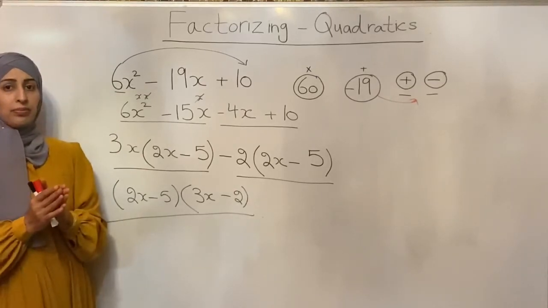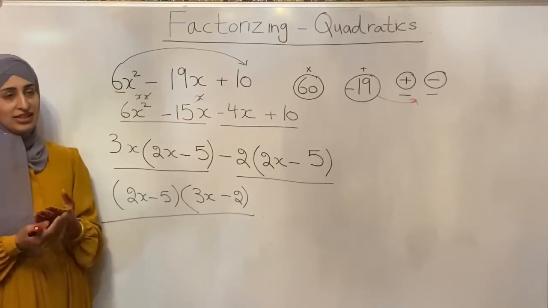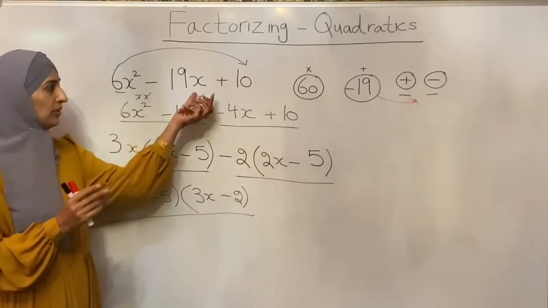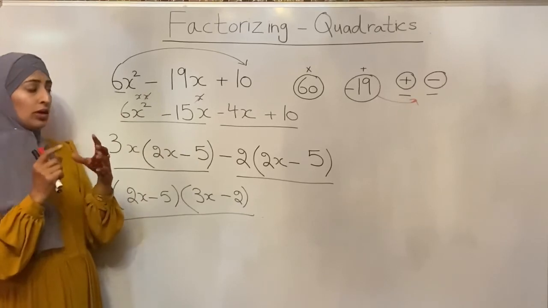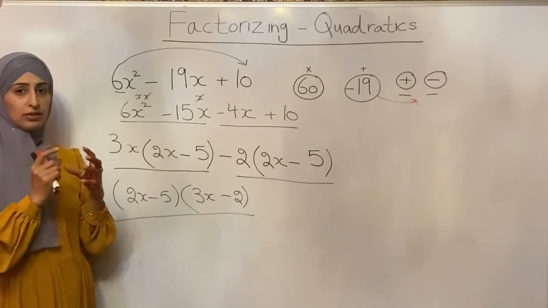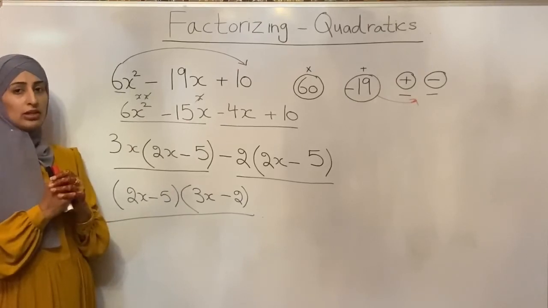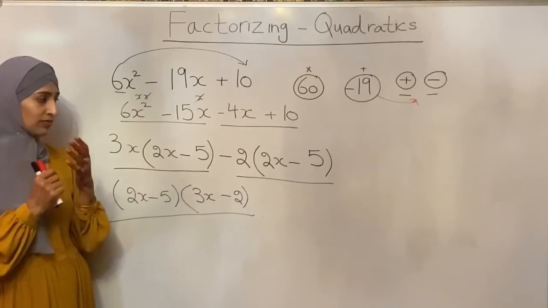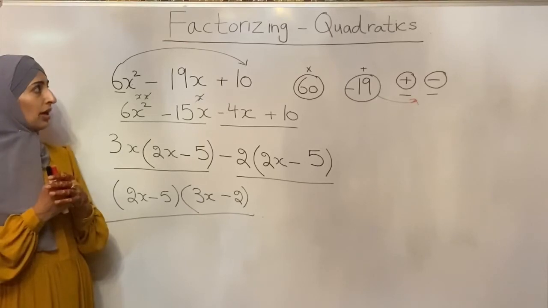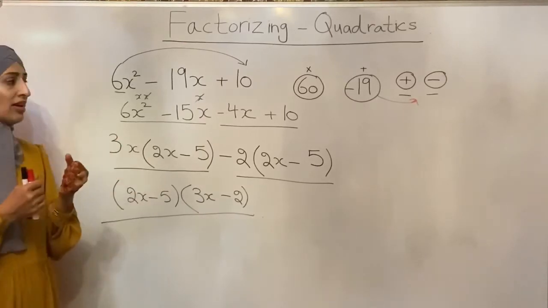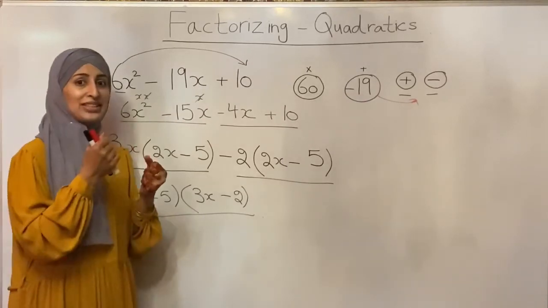It's easy, but it's not very easy. It is hard, but if you go through the rules and the tips I have given you, and are able to find the correct factor pairs with the right timetables, then it's not hard. I really like factorizing quadratics, because it's challenging and you have to find the right factor pairs.